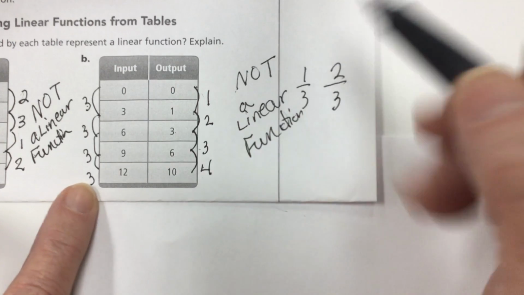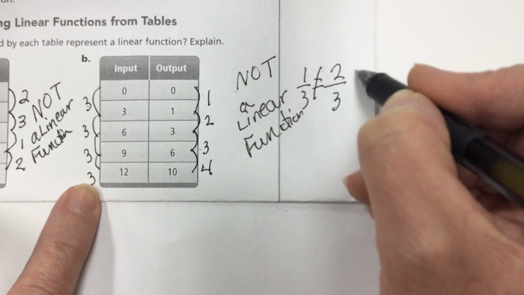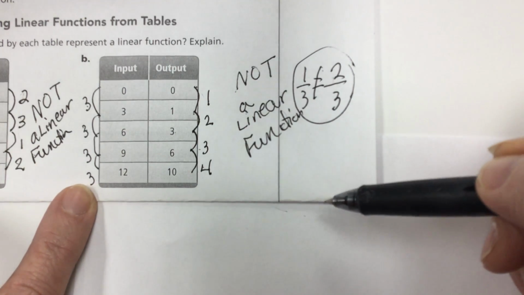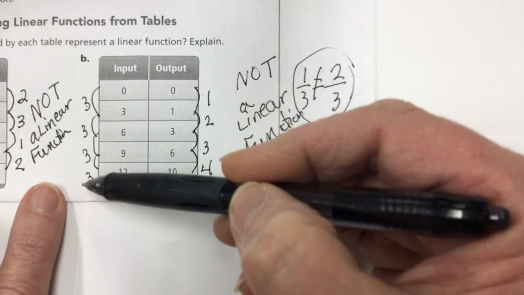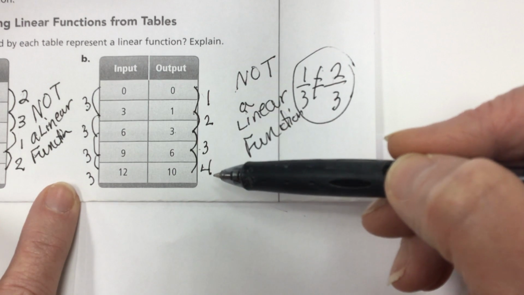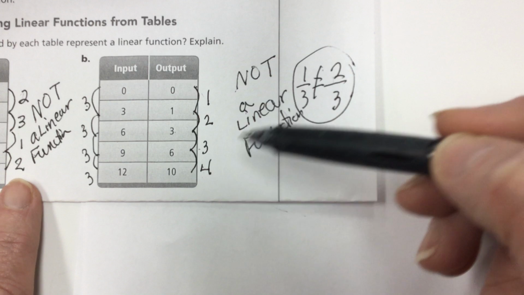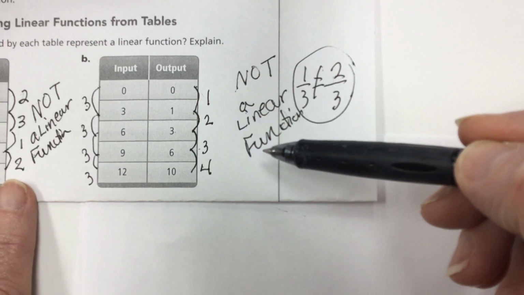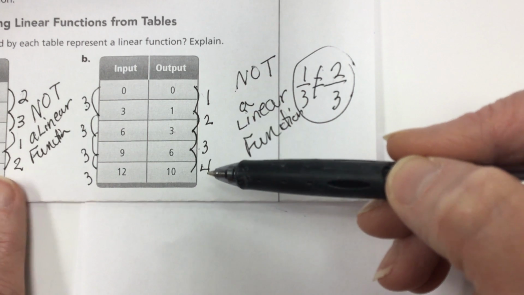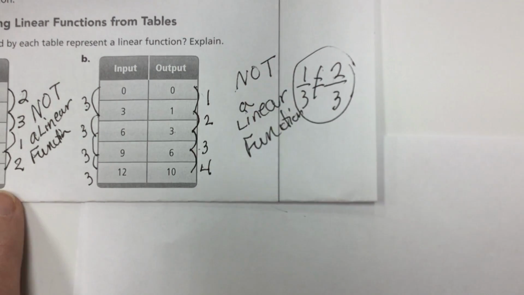These are not the same. And when they're not the same, you do not have a linear function. So all these numbers have to be the same change, and all these numbers have to be the same change to be a linear pair, or a linear function. And my outputs were not constant, therefore this is not a linear function.